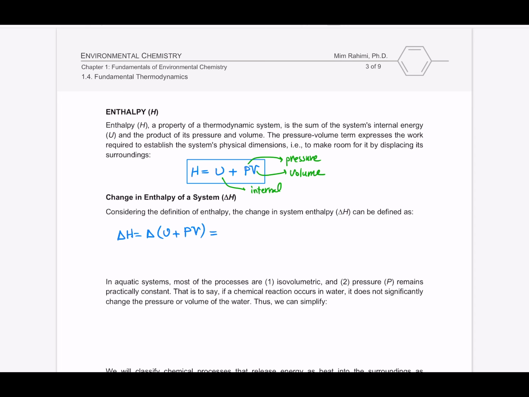Then it would be just a mathematical expansion: delta U plus delta PV, or delta U plus P delta V plus V delta P. Is there anything here that we had before?